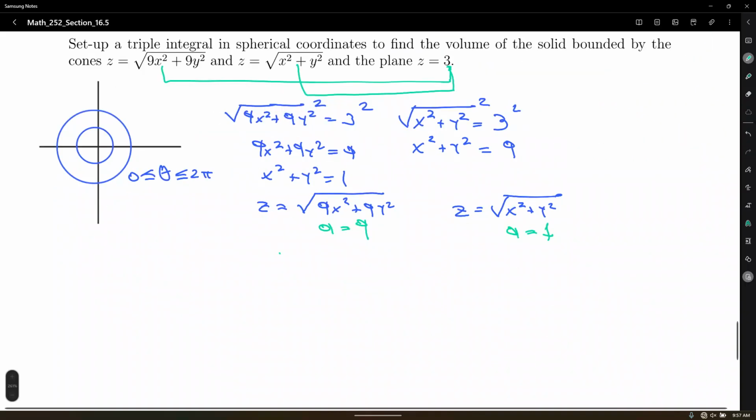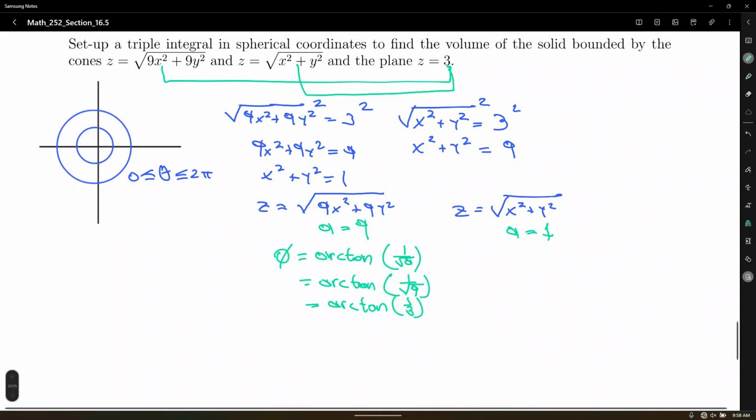So phi is going to be arctan of 1 over the square root of a, which is arctan of 1 over the square root of 9, which is arctan of 1/3. The question here: is 1/3 one of the tangent values of a special angle? No, it's not.